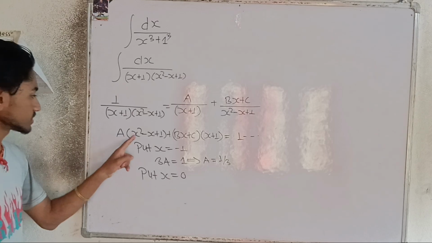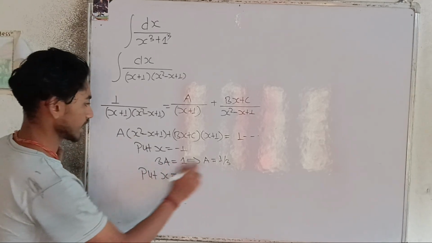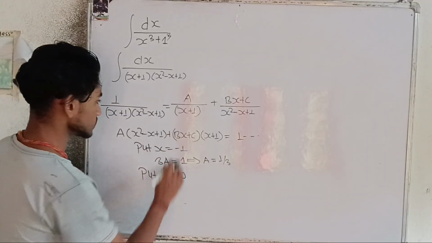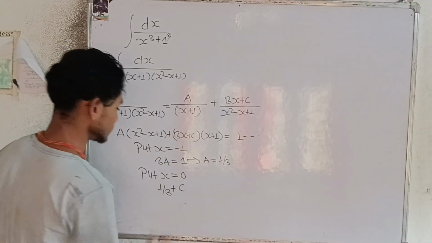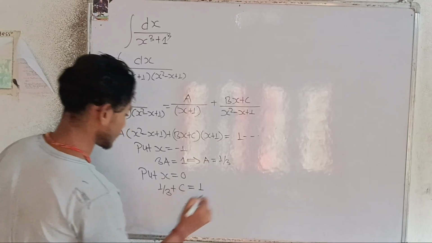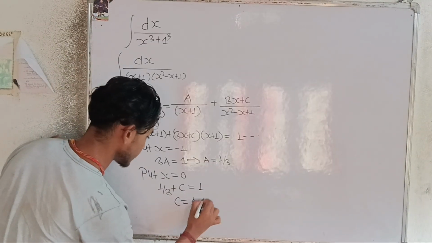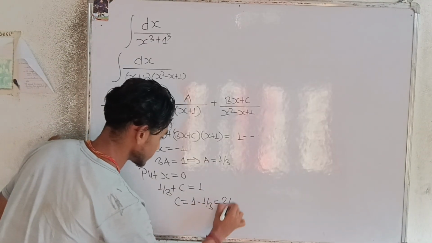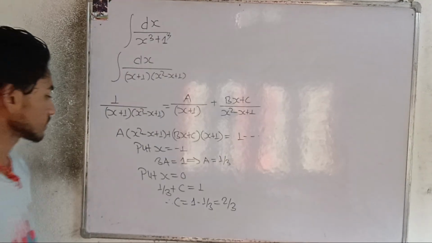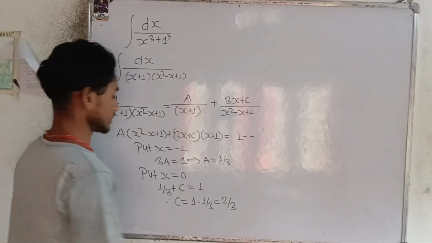If you substitute x as 0, you get a is 1 over 3 plus b times 0, and 0 plus c is 1, and you get c is 1 minus 1 over 3, which is simply 2 over 3, right? You get c as 2 over 3.